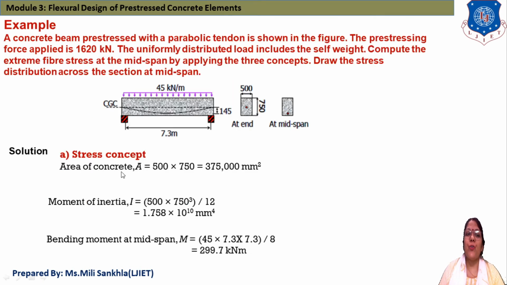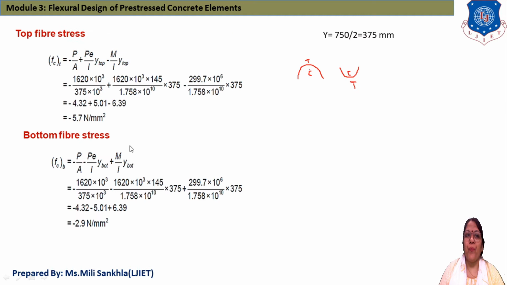The equation of the top fiber stress has the first term P by A, which is the direct stress. The second is due to the bending stress from prestress eccentricity, and the third is due to the moment. The deflected shape of the prestress has outer surface tension and inner surface compression, and this deflected shape is due to moment, compression and tension.